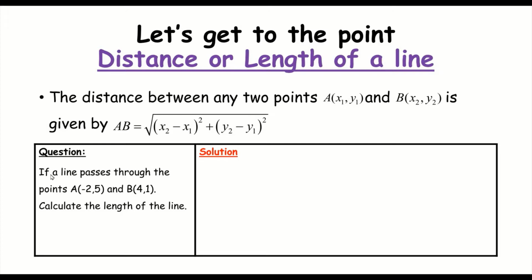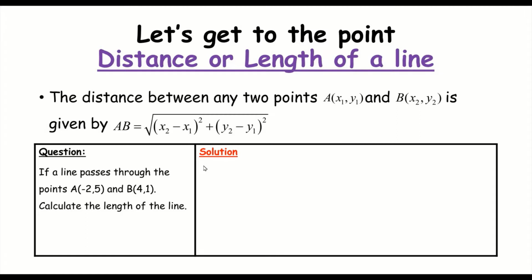Now question: if a line passes through the points A(-2, 5) and B(4, 1), calculate the length of the line. We still need to establish what our x1, y1 and x2, y2 are.